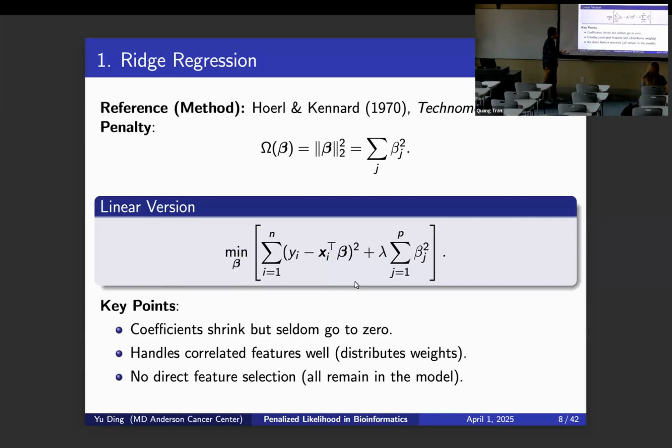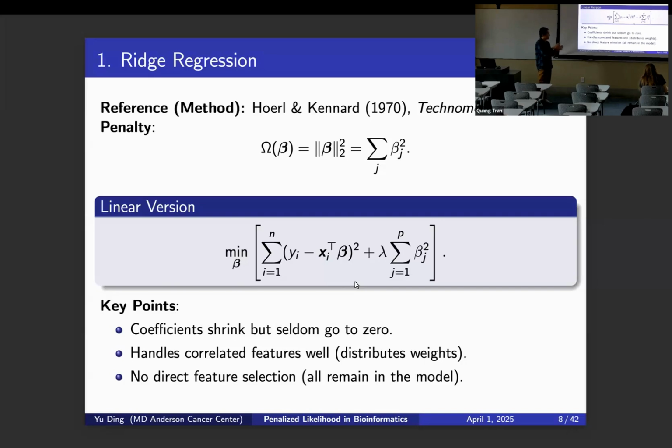So what is the effect coming from the ridge regression? Here I provide 3 key points below. The first point is that the ridge regression will help the coefficients shrink, but seldom go to 0. I will show it later to see what is the effect coming from ridge regression. And it handles correlated features well.